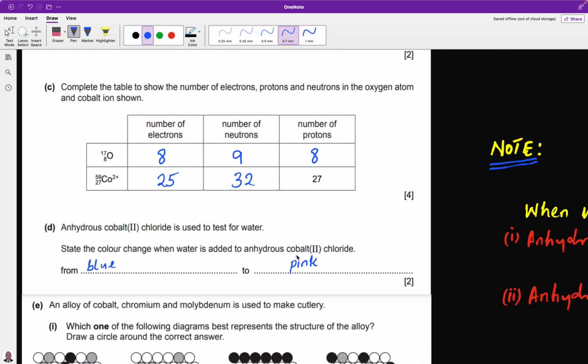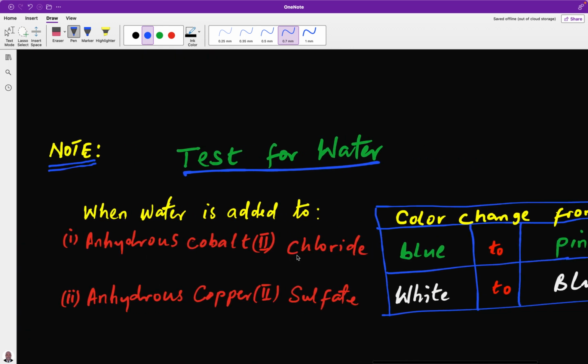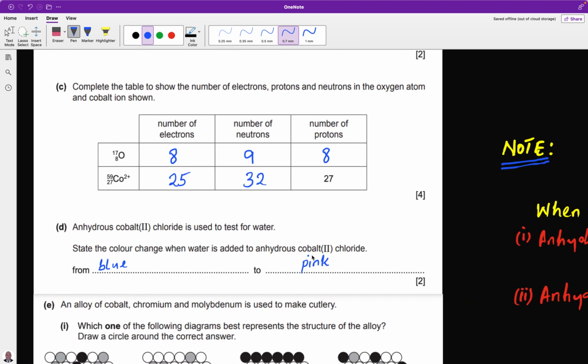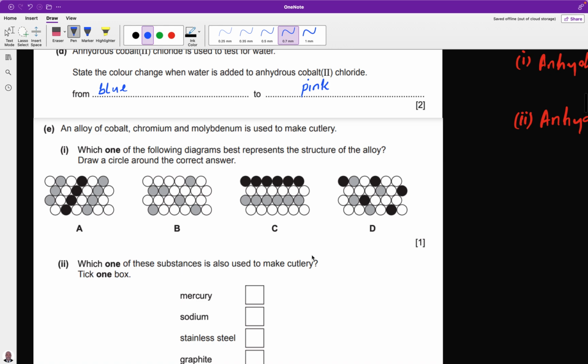From blue to pink. That is just what we have noticed here. Okay, 2 marks. Blue is 1 mark and pink is another 1 mark. So very, very important.